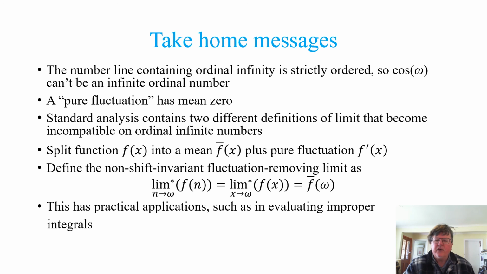For evaluating a function at infinity, split the function into a mean part plus a pure fluctuation and define the non-shift-invariant fluctuation removing limit as lim star as n tends to infinity of f of n is lim star of x tends to infinity f of x, so natural numbers, real numbers, is the mean value at infinity.